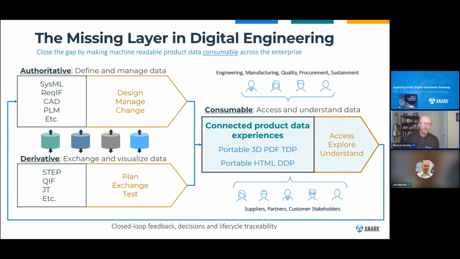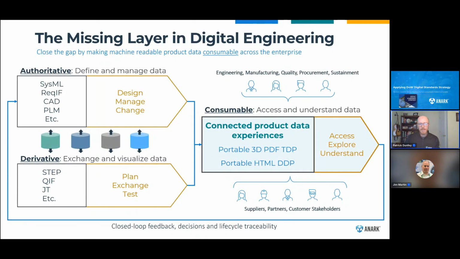And everyone has all this information tied to an integrated data stream with the authoritative source, or multiple authoritative sources, as the strategy outlines. But then you have to be able to close the loop with feedback, decisions, and lifecycle traceability. And if you can do that, you are able to close that gap between the two buildings by making machine-readable product data consumable across the enterprise.